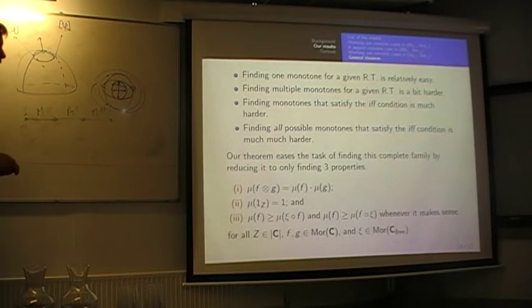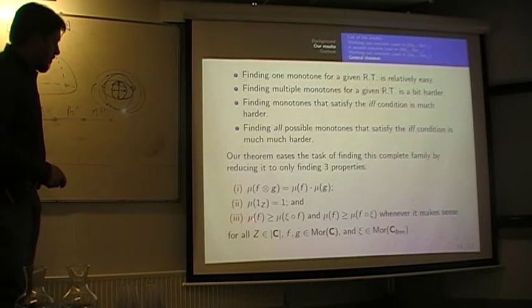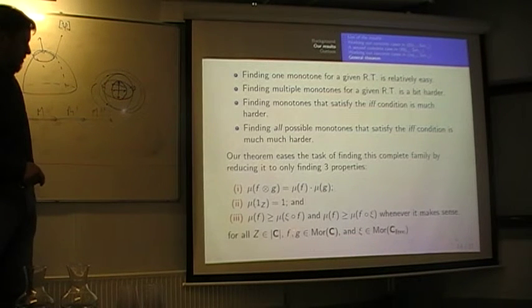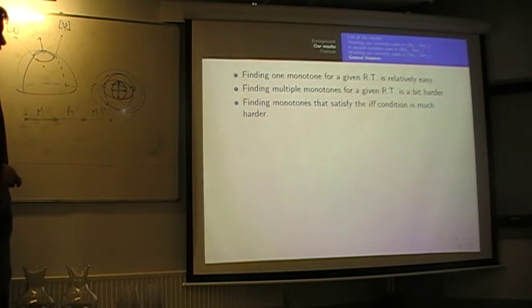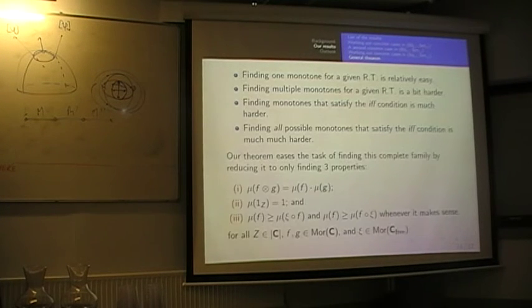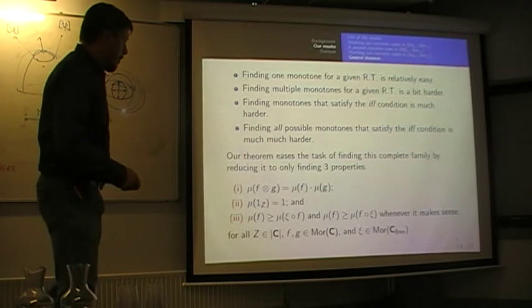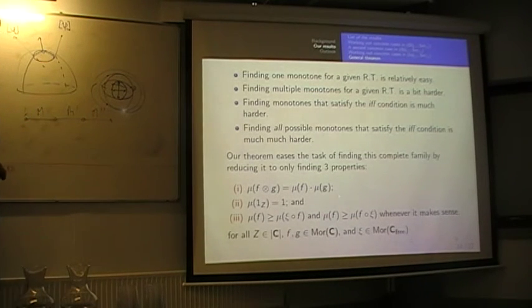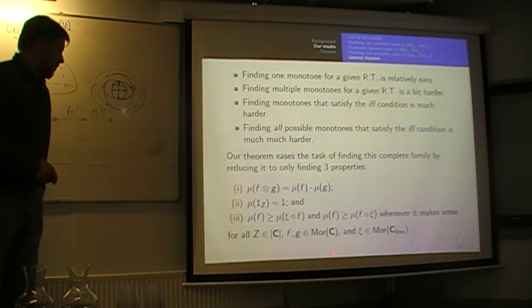So what our theorem does is that it simplifies the task to only identifying these 3 properties for all free morphisms. So I'm just going to go back. If you recall from the graph diagram that we have, we just need to find the existence of eta 1 and 2.